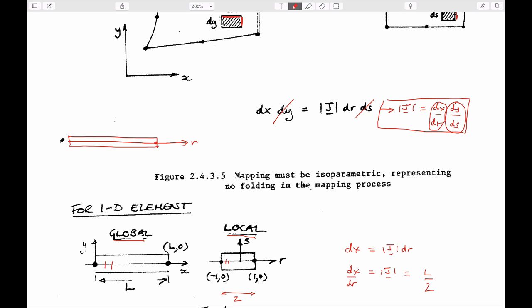This is r. This is node 1, and this is node 2. I guess I should also mark that this is the intermediate point, right? So this is 0. This is r equals plus 1. And this is r is equal to minus 1.